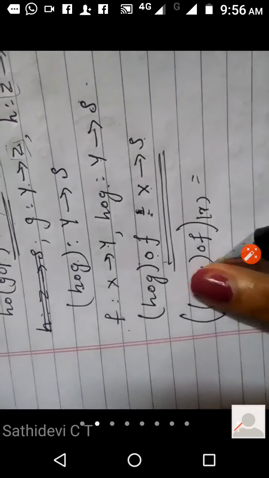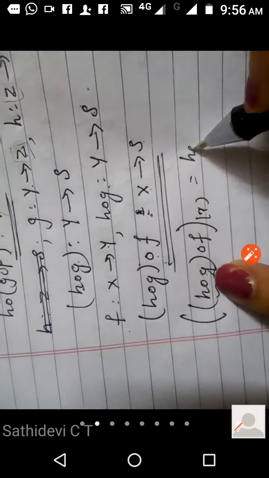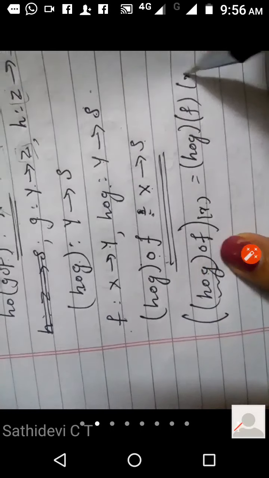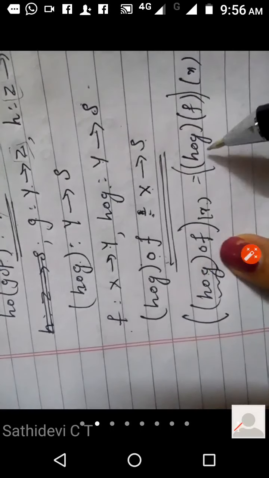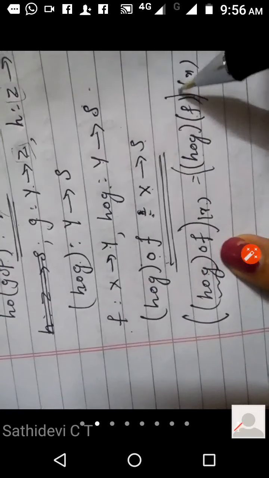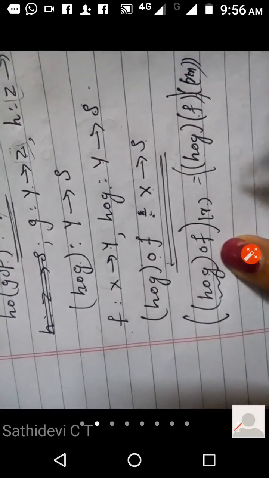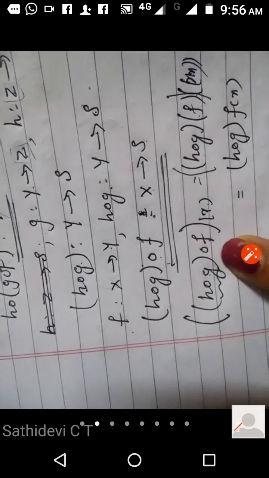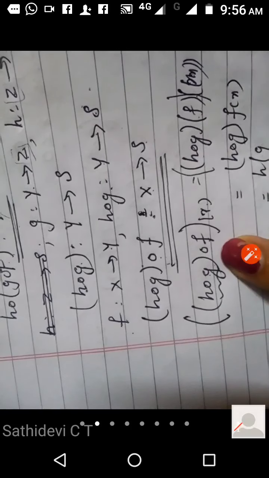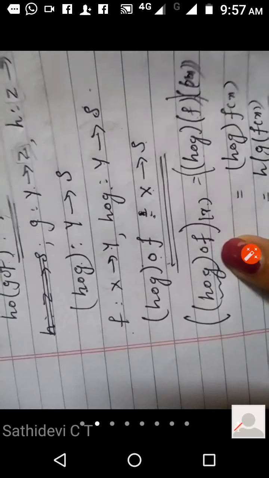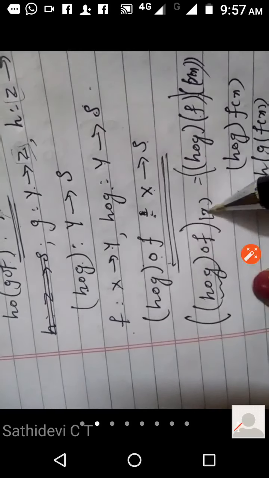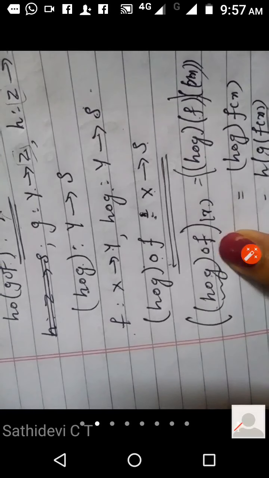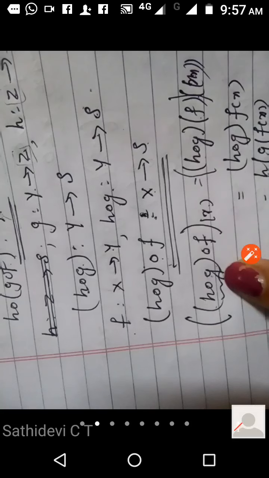So this composite operates on F of X, that is, H composite G operating on Fx. In the normal way, this is H of G of Fx. When on X you apply this operation, first F is applied, on Fx G is applied, on G of F of X H is applied. This is the left hand side.